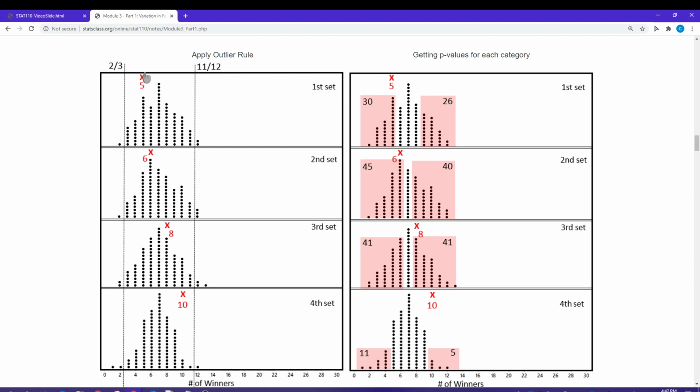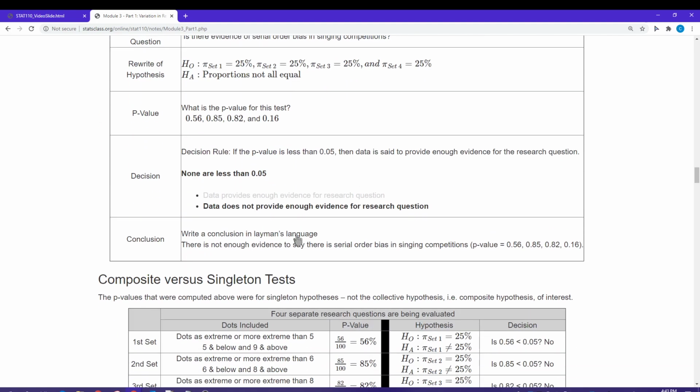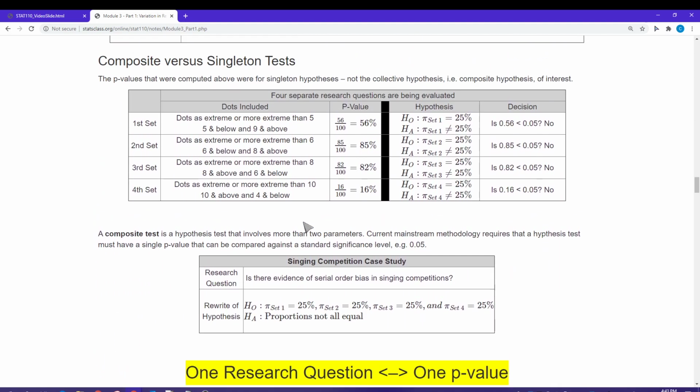By comparing 5 on this reference distribution, I'm just looking at the first set. Or by comparing 10 on this reference distribution, I'm just looking at the fourth set. Now those are called singleton tests, where I would just be interested in one reference distribution.